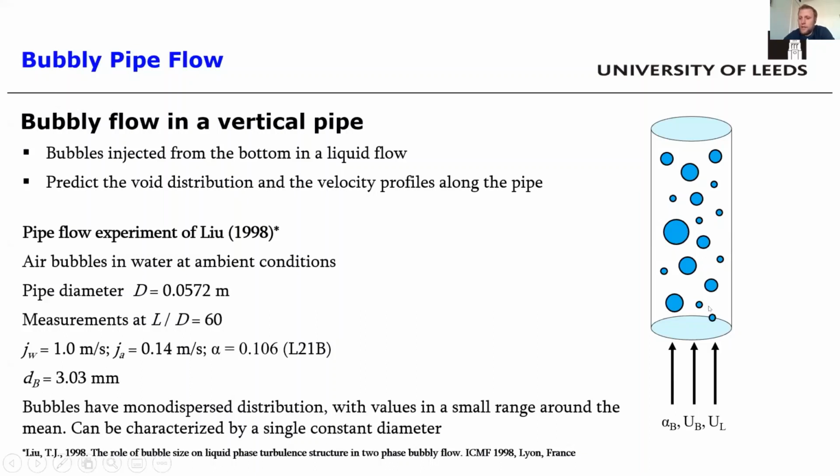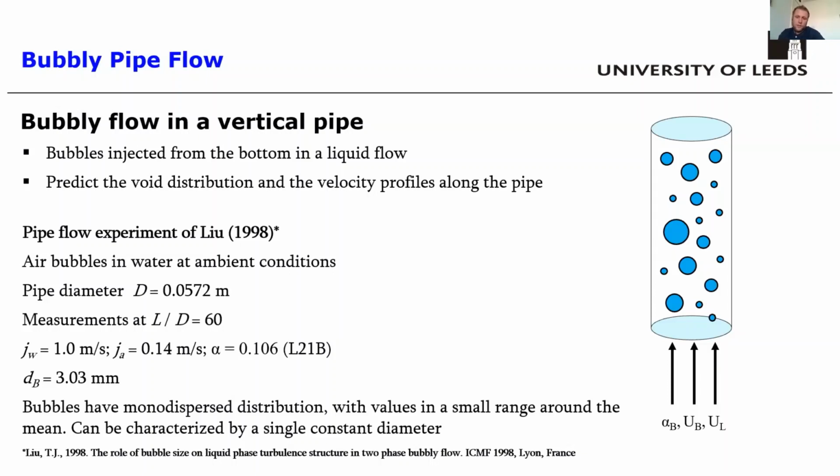So we have a liquid vertical flow in a pipe with velocity coming in from the inlet section. And at the inlet section, there are also bubbles that are injected in the flow. What we want to do is to be able to predict how these bubbles distribute in the pipe, and also how they affect the fluid flow.